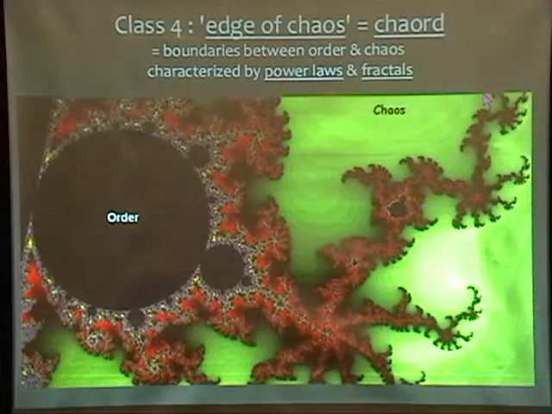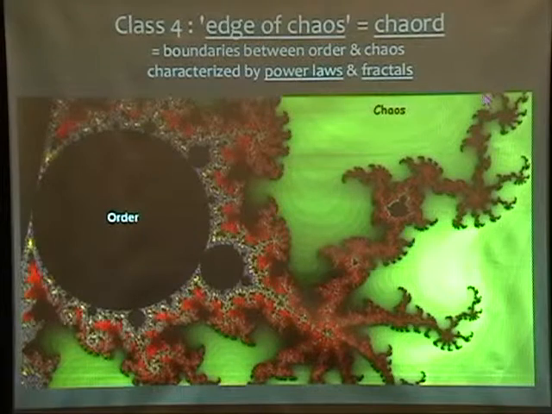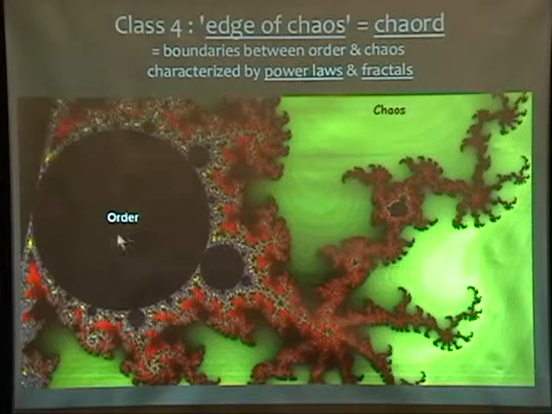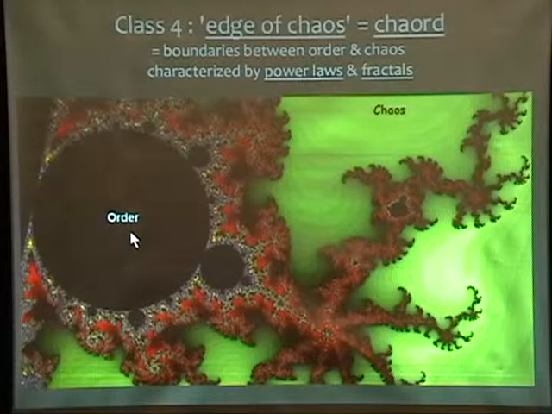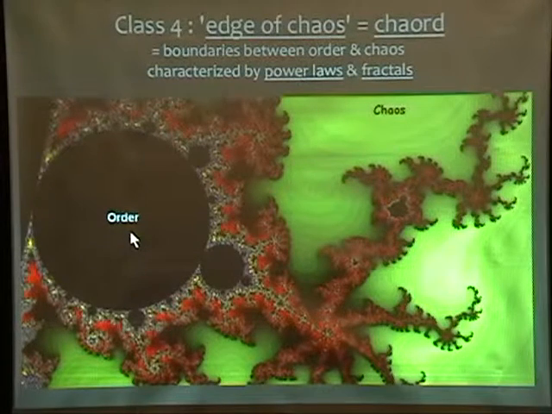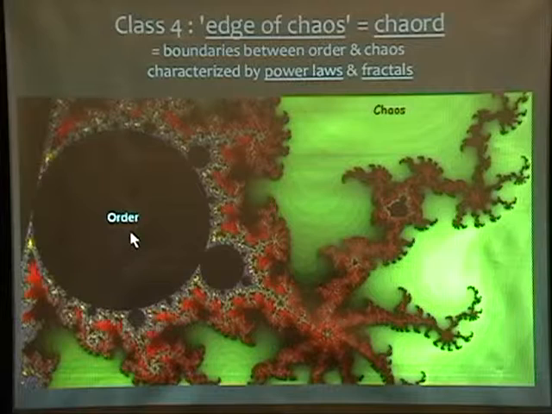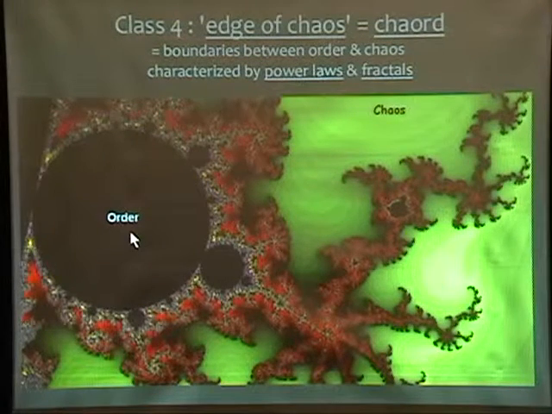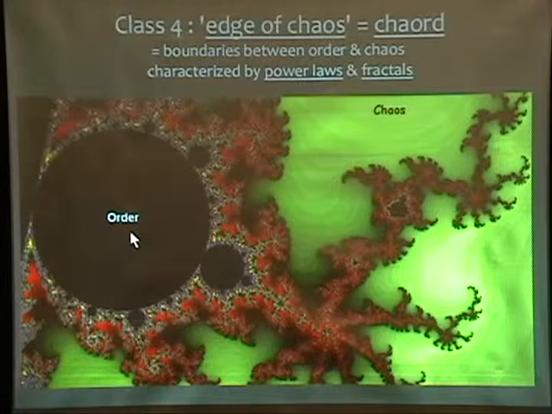Here is an image that graphically represents what I mean by the edge of chaos. By the way, this is an image that is manifest from a very, very simple nonlinear equation. You're looking at a colorful graph of that equation. In the seminar, I talk about what the equation is and how it works. It's very, very easy.